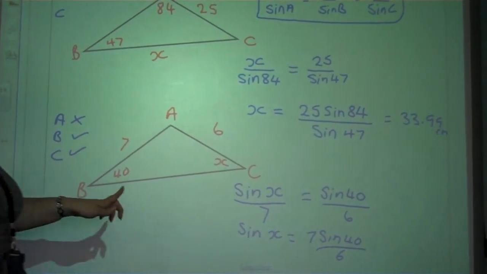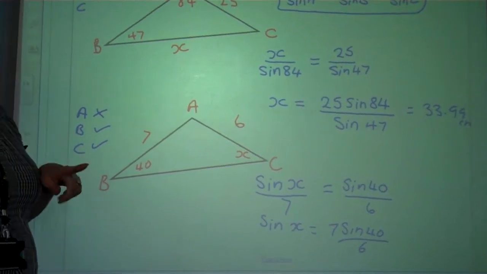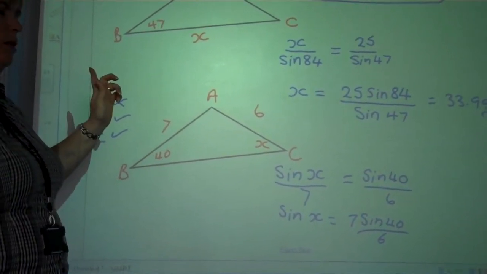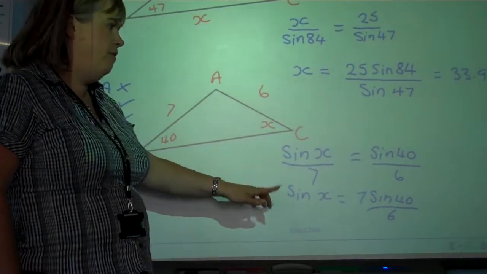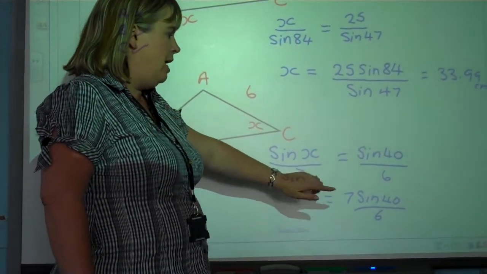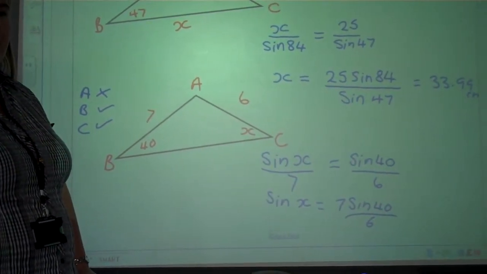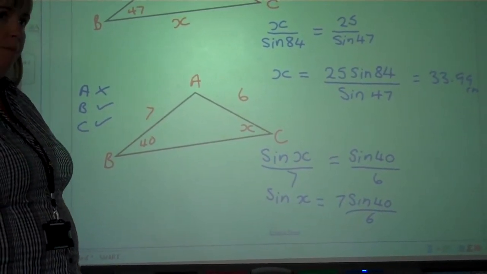Okay, so what do you need to do if you're trying to work out an angle? Remember back to the previous ones, what did you use? Inverse. So before you do that, on your calculator, put 7 sine 40 and divide it by 6. You done that?